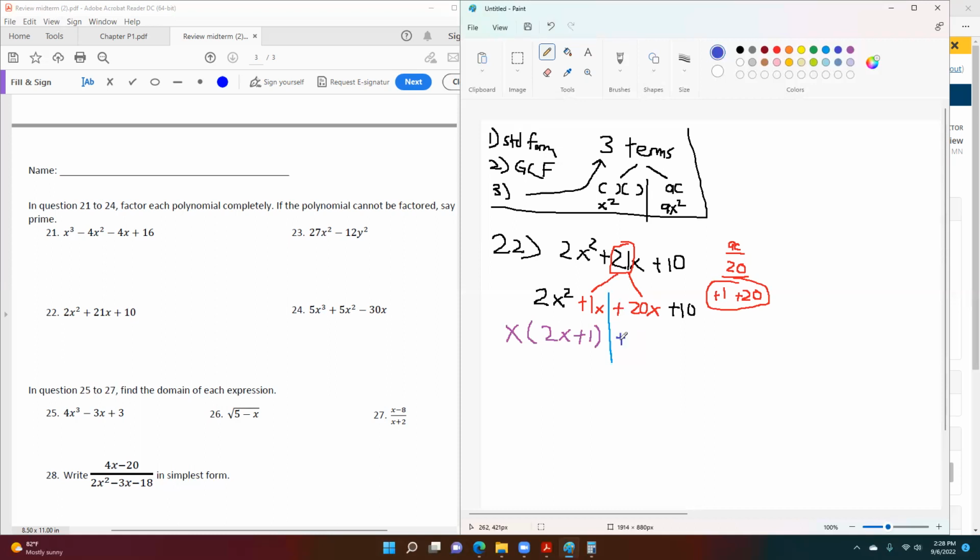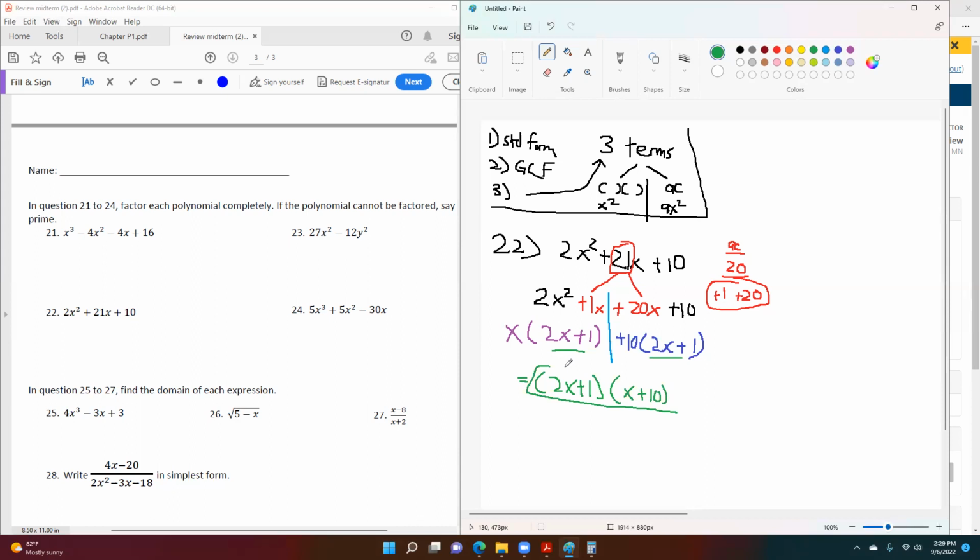If this is a minus, you have to do a minus sign. And 10 can be divided by this 2, so you will still get 2x plus 1, because this time this is 20x, and this time this will give us 10. Usually when you do grouping, these 2 binomials have to be the same. So your answer in this case is 2x plus 1 times x plus 10.